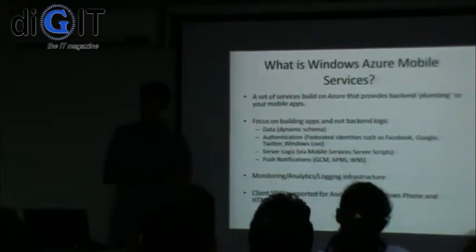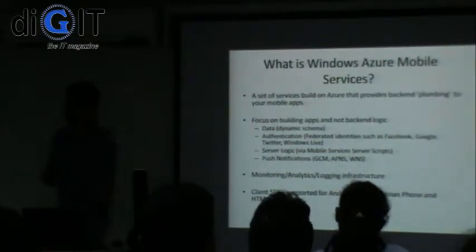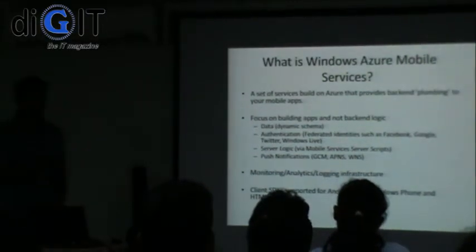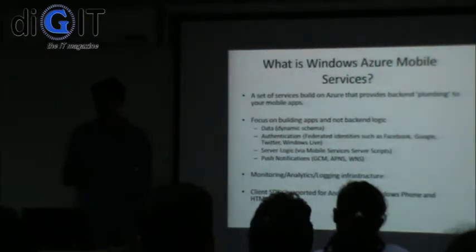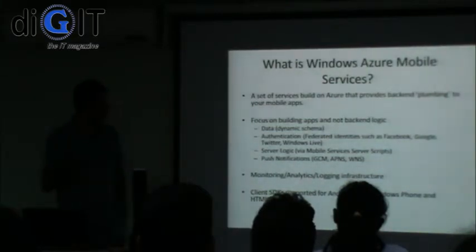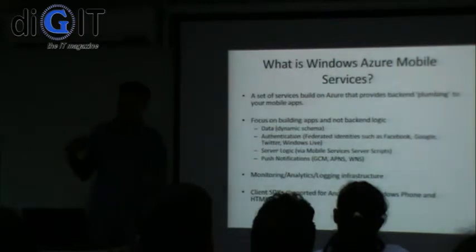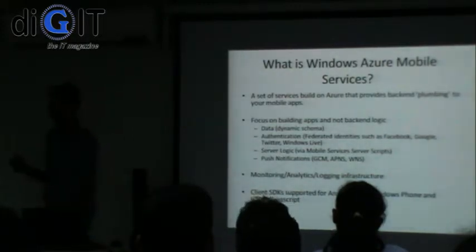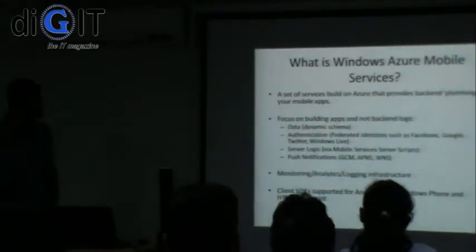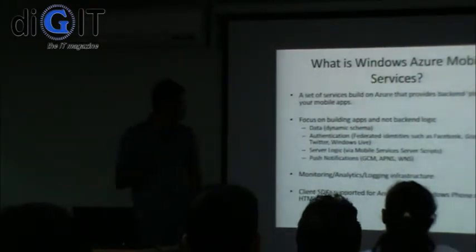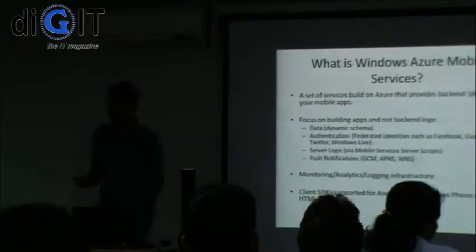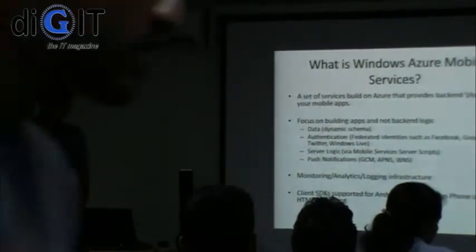You don't have to worry about OAuth 2.0, authentication tokens, all that nonsense. You can keep that aside and just focus on your business logic. The server logic gives you a simple backend scripting language with which you can validate your data. And most importantly, it also gives you real-time services like push notifications.